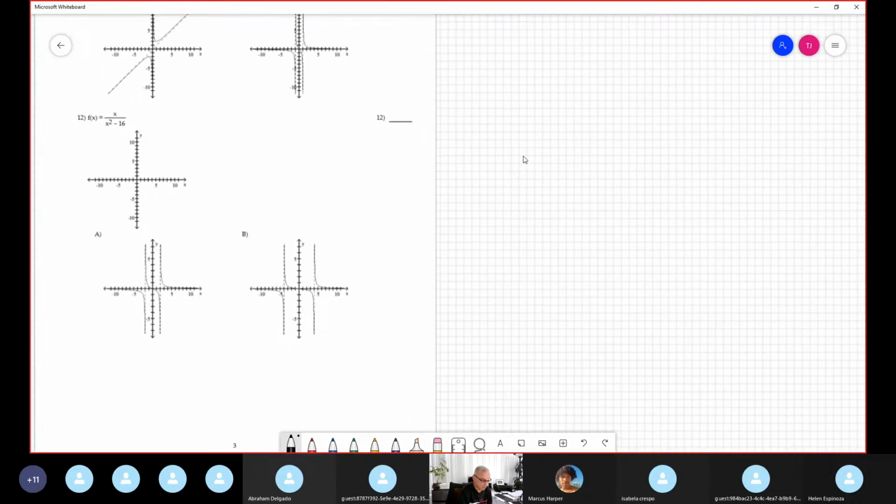Okay, let's move on to number 12, and we apply the same idea. Do you see the whiteboard? Yes. Today, when I send the email with the video, I will also send the link connecting with the Desmos script I created for this, so you can see.